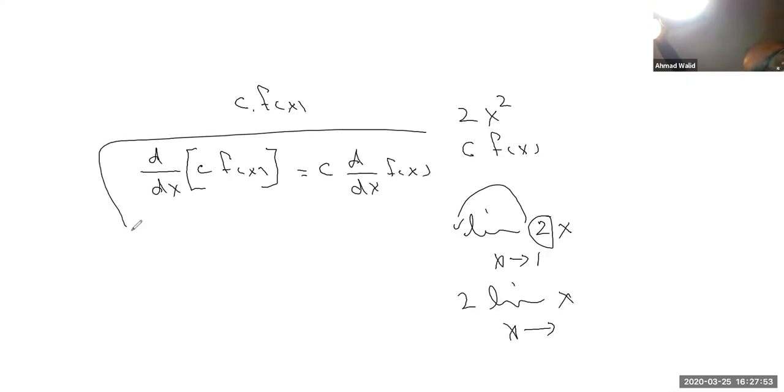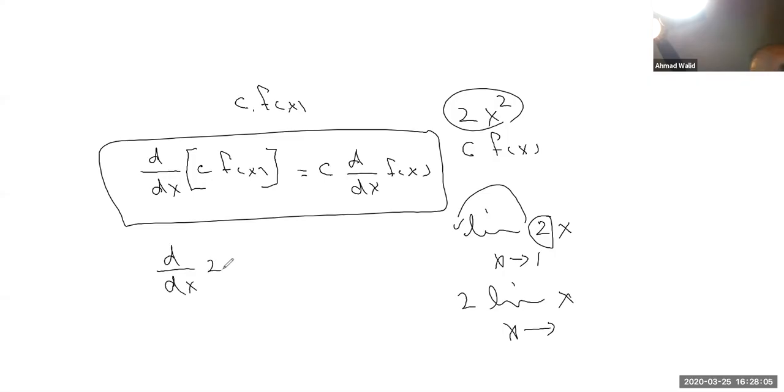That is the rule of the constant times a function. Now, a numeric example. For example, this one, 2x squared. d over dx of 2x squared equals 2 times d over dx of x squared.